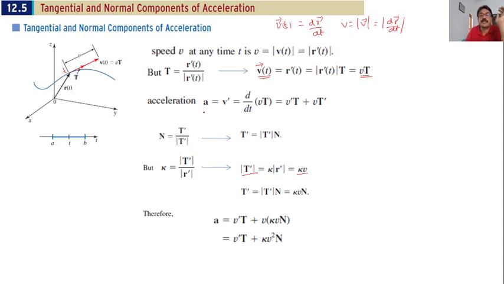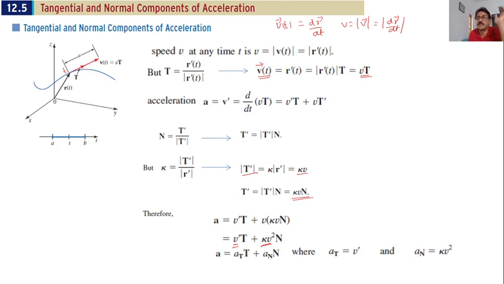Therefore acceleration A is equal to v dash T. In the place of T dash you write this expression kappa v N, so you get v dash into T plus v into kappa v into N, that is v dash T plus kappa v square N. Thus we have got the acceleration vector in the form a_T into T plus a_N into N, where a_T is the acceleration along the tangential component, and this is actually v dash, this is a_T, and this is a_N, that is acceleration along the normal component.